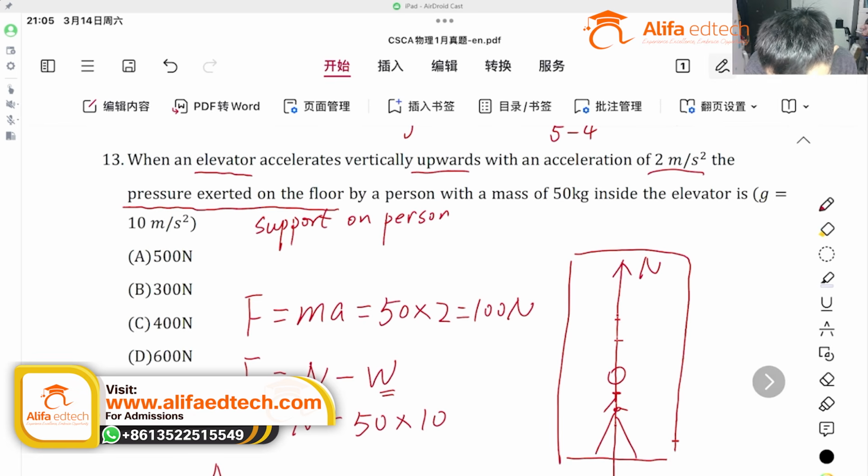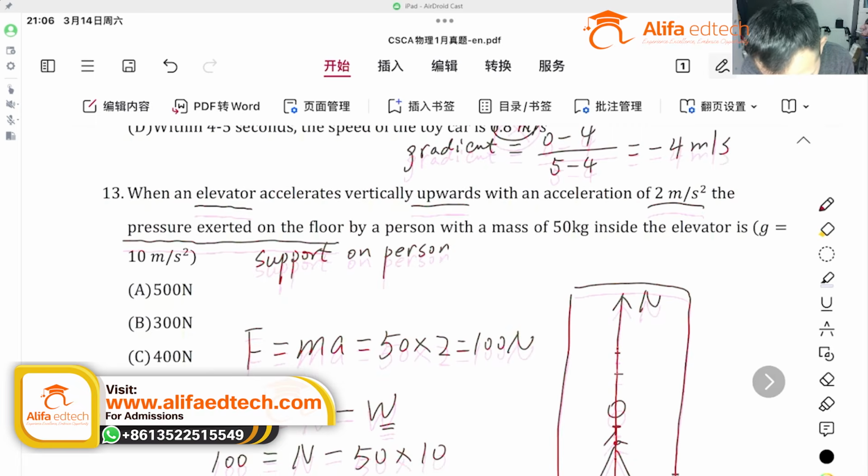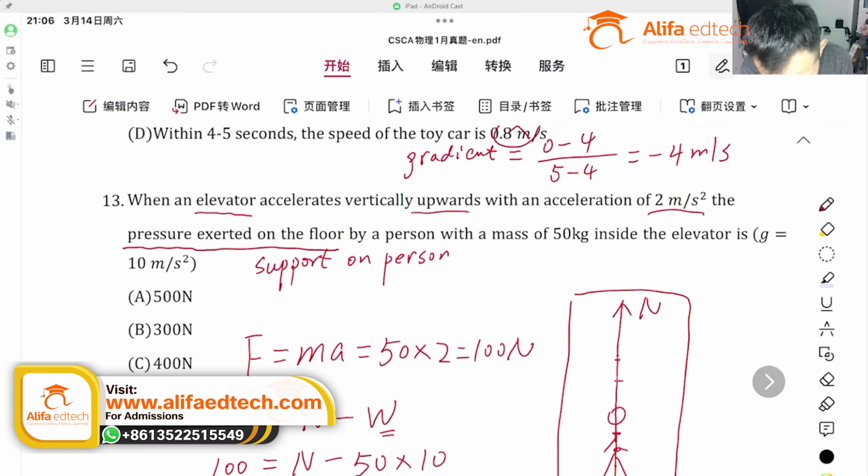So N equals 100 plus 50 multiplied by 10. It is 600 newtons. So for this question, D is the correct answer.